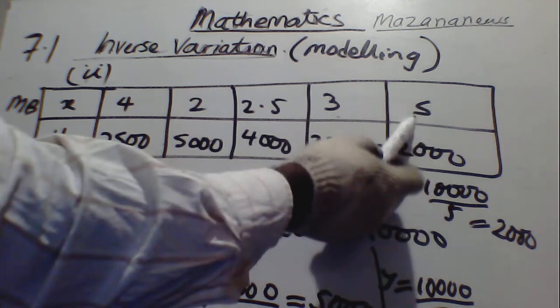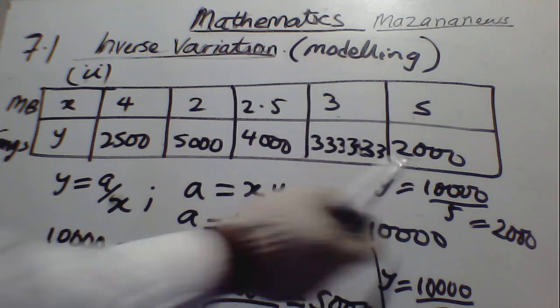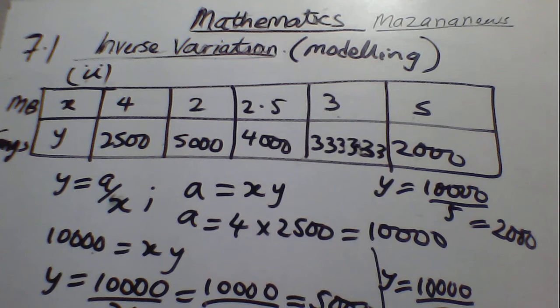When it is 5, we have 2,000. Sorry, the question is, what happened to the number of songs that can be stored when the average size is decreasing?